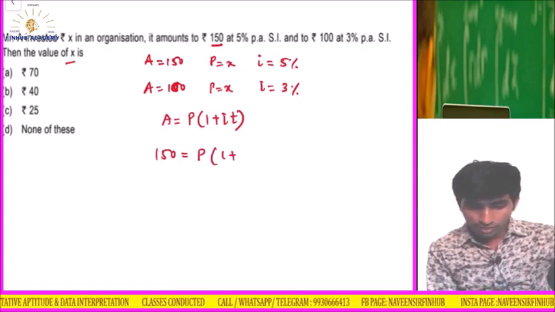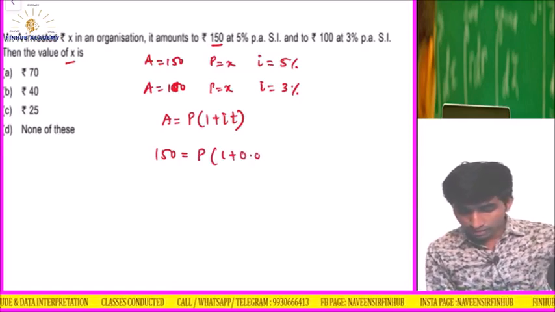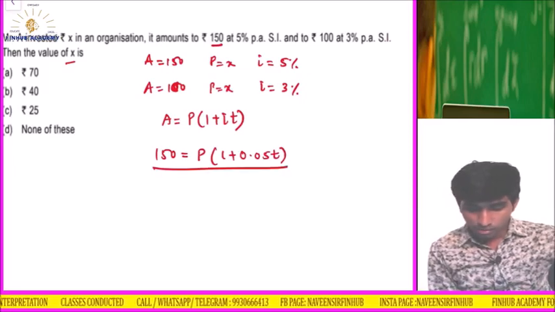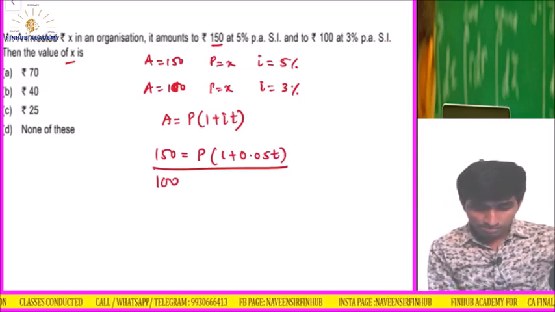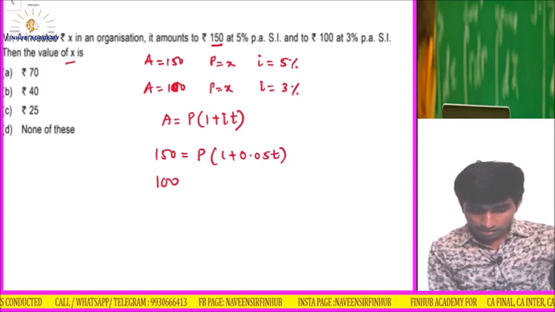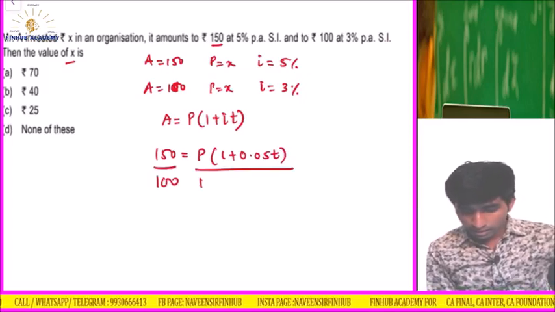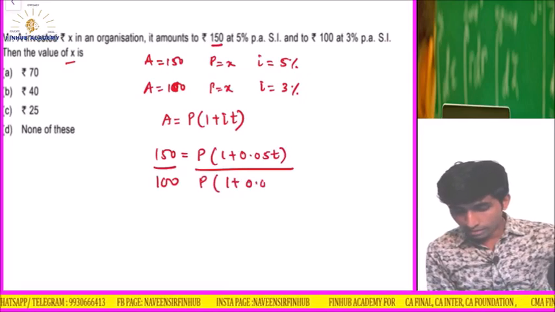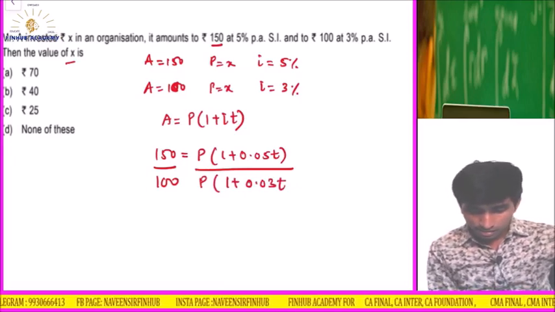So 0.05 T, I can write 0.05 T. Same way here, the denominator, the other amount is 100. So I will take 150 by 100 upon P into (1 plus 0.03 T). So what happens here is P will get cancelled.